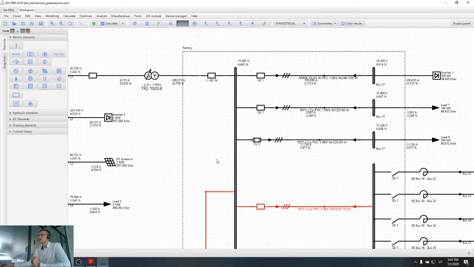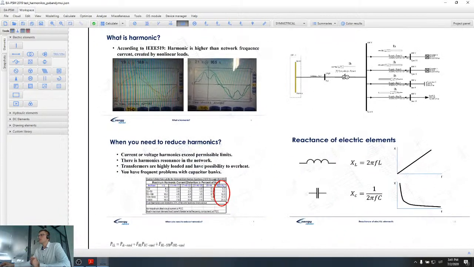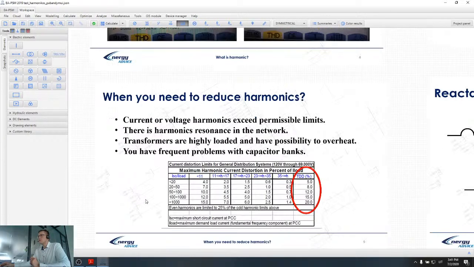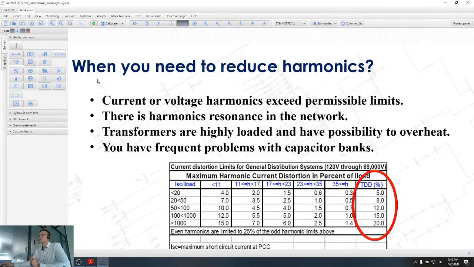When we have to start on harmonic problems, I have one more slide prepared. Now that we have made the calculations, you or your client may be interested in when you need to reduce harmonics, and what level of harmonics is actually bad. I would say it this way.